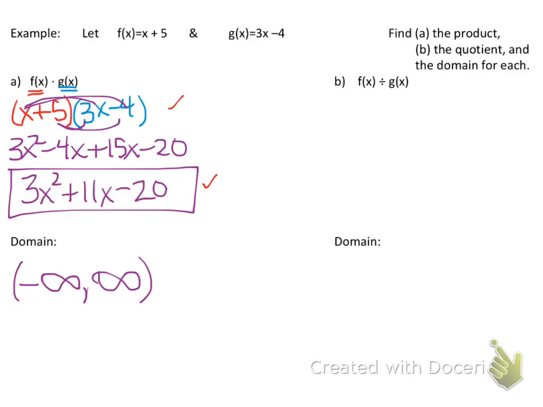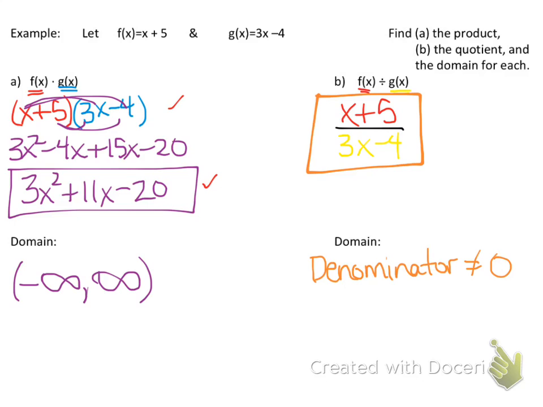When we divide our two functions, again, we're going to take our f function divided by, remember we could write this as a fraction, the g function. We can't cancel out the x's or simplify anything because we have addition and subtraction in the numerator and denominator. So that is our simplified function. And when we think about our domain, we have to realize that our denominator cannot be equal to 0.